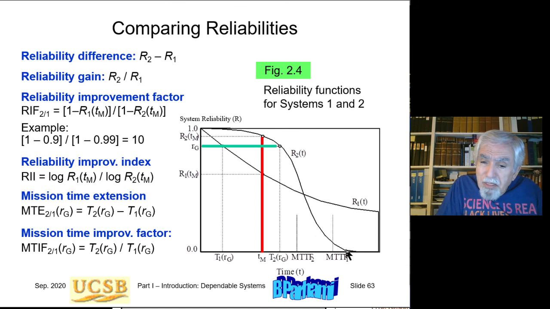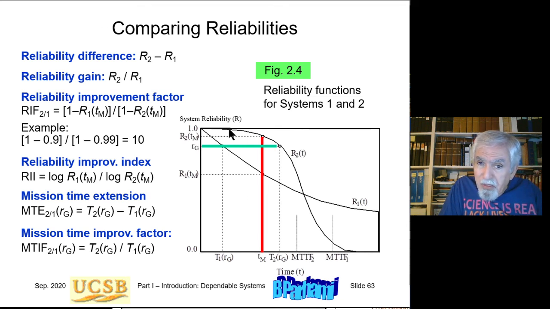So this is one of the cautions that one has to be aware of. Mean time to failure is a helpful figure to have, but it can be misleading, because this system that is not very reliable, even at the very beginning, exhibits a larger mean time to failure than this system, which is highly reliable.